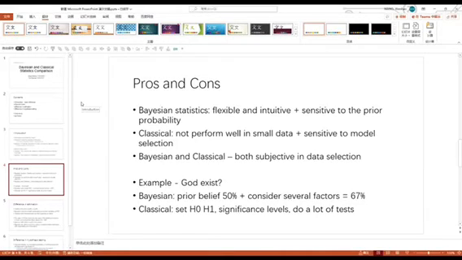But for classical, we don't, so we may need more data. On the other hand, in Bayesian statistics, the result will be largely influenced by the prior belief if our data is very, very little. So those are the pros and cons of Bayesian and classical in one view.